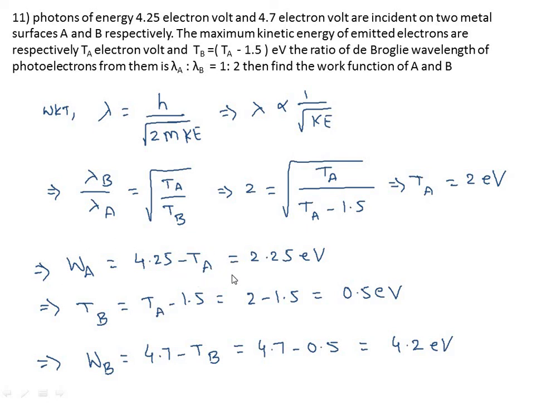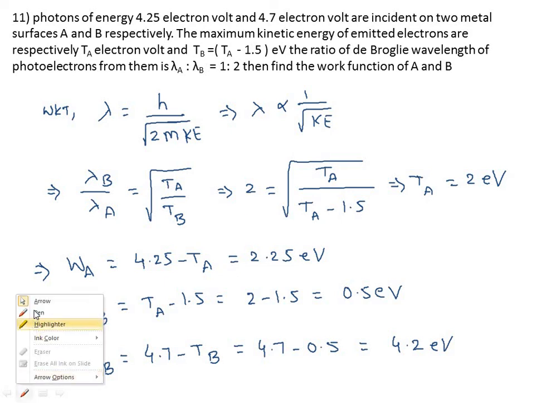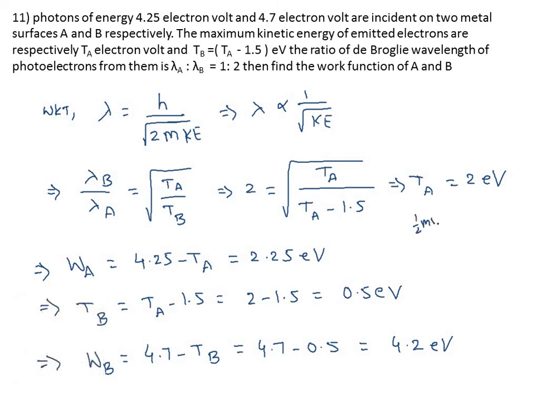h nu equal to h nu naught plus half mv square. KE max, let me write down the photoelectric equation, which is half mv max square equal to h nu minus h nu naught. From this I am writing all this.